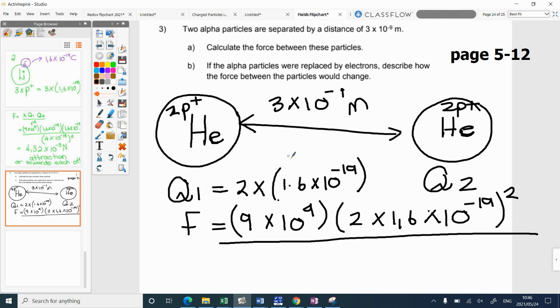So please remember that when you have the same charges, you don't have to write them both. You can just say Q squared over R squared, and we have that value is 3 times 10 to the minus 9 squared, and now it becomes calculator work. Everyone, calculators out, please make sure you get that answer.